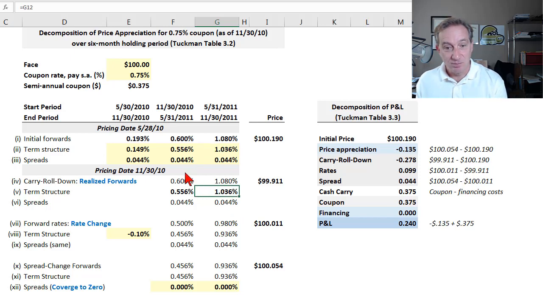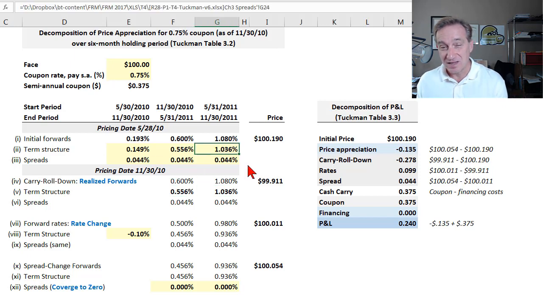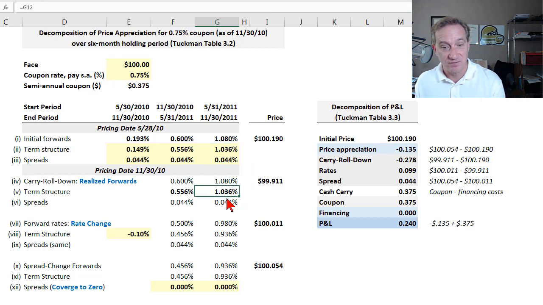I've borrowed those directly without modification, per the equals, because I've realized forward. The 6-month forward is realized as the 6-month spot. The 1-year forward becomes realized as the 6-month forward. That's what we mean by realized forward.